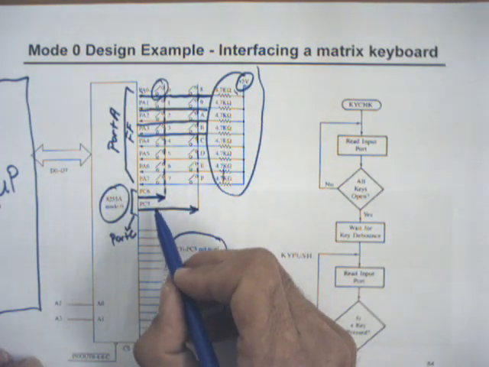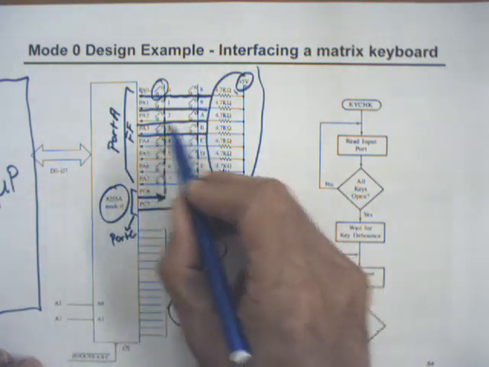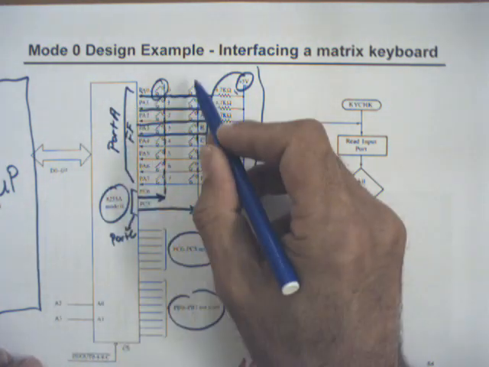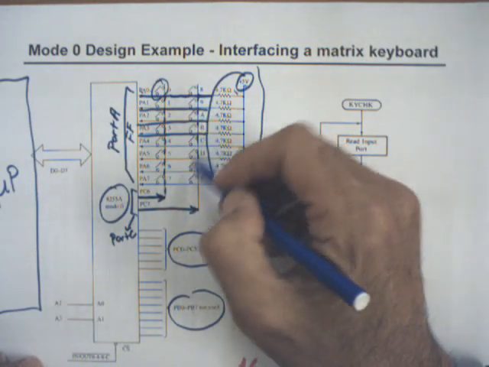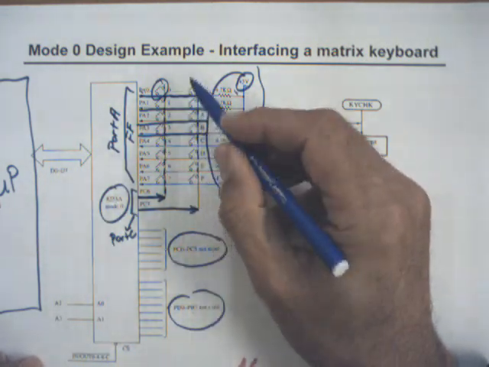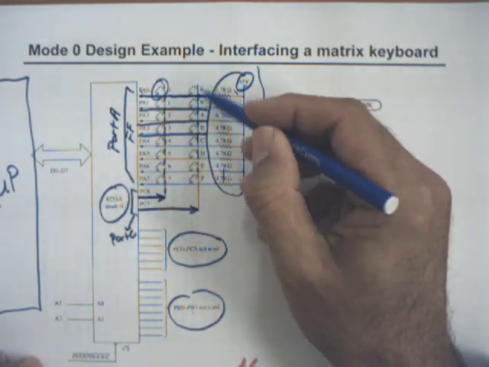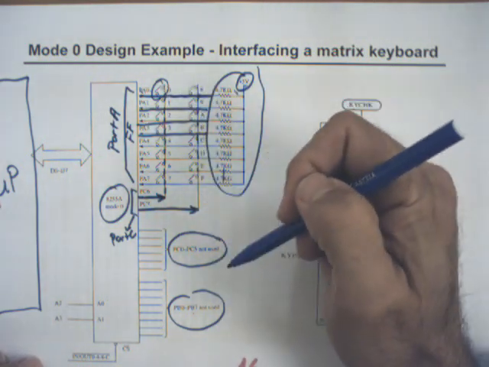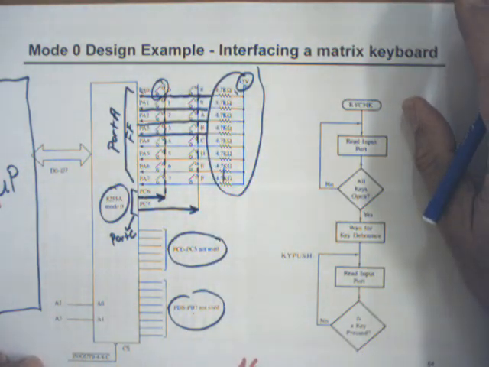So if you oscillate lows and highs and check this key, you can follow which key is pressed in this scheme. There are 16 keys here, so this is like a hexadecimal keypad.